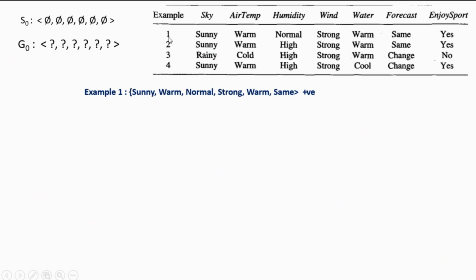The first example has the attribute values sunny, warm, normal, strong, warm, same. The target concept is yes, so this is a positive example.